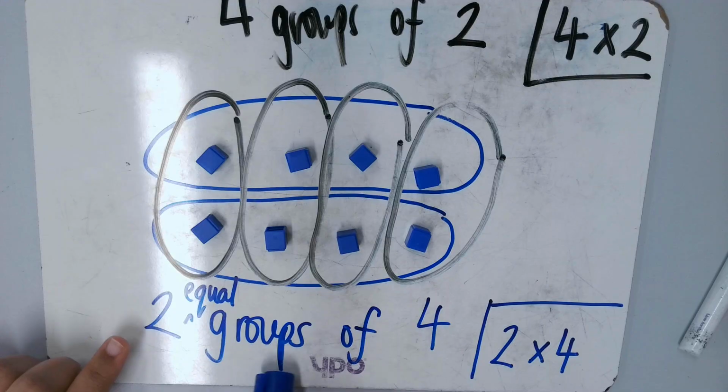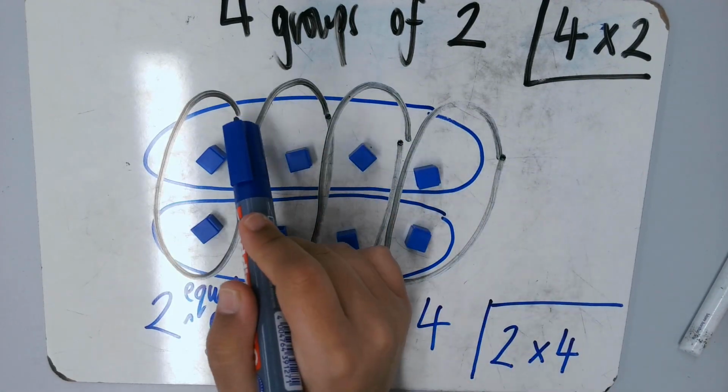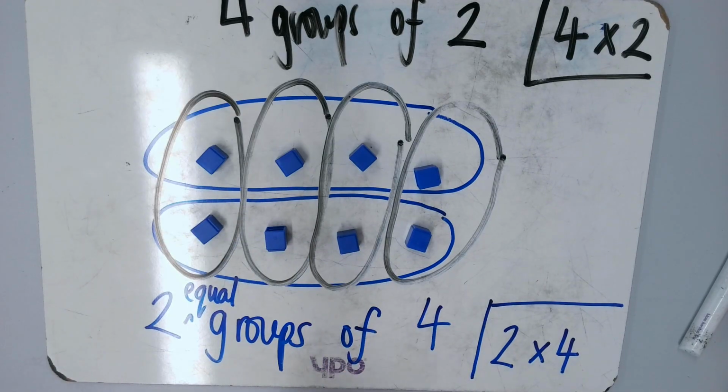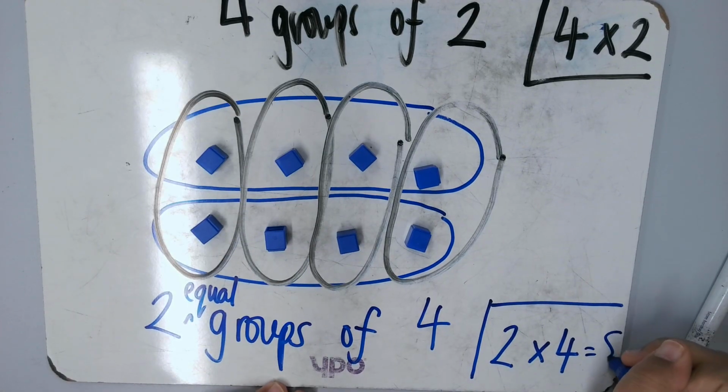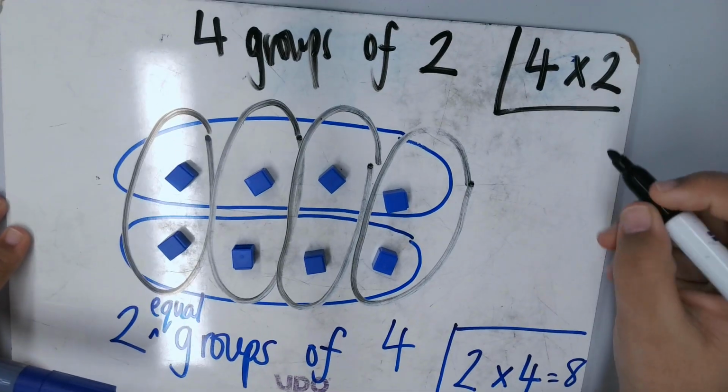If I look at my 2 equal groups of 4, my rows, let me count how many I've got all together. I've got 1, 2, 3, 4, 5, 6, 7, 8. 2 times 4 equals 8. That's the whole. How many cubes have I got all together? What about this one then?